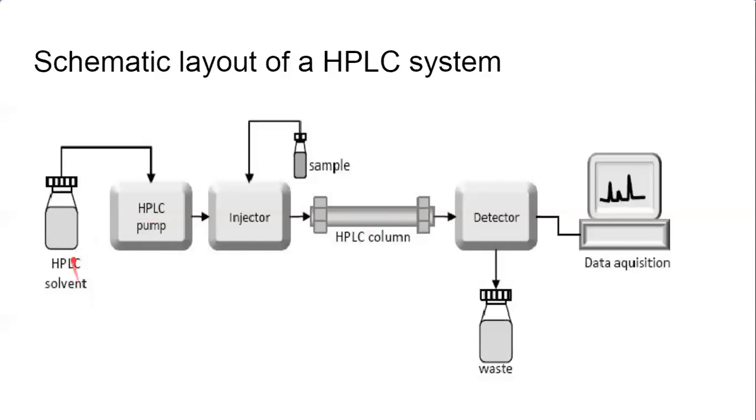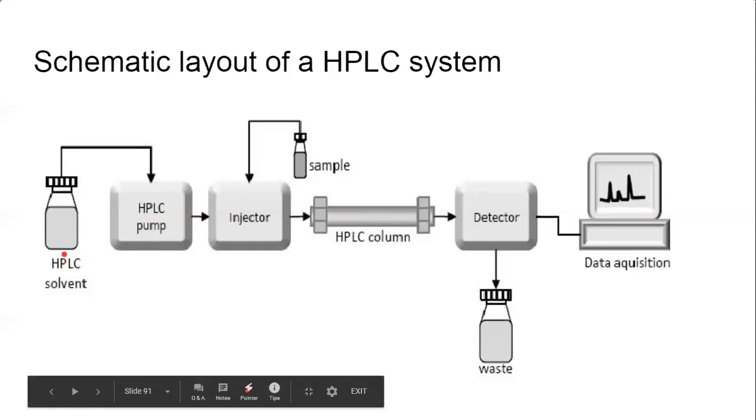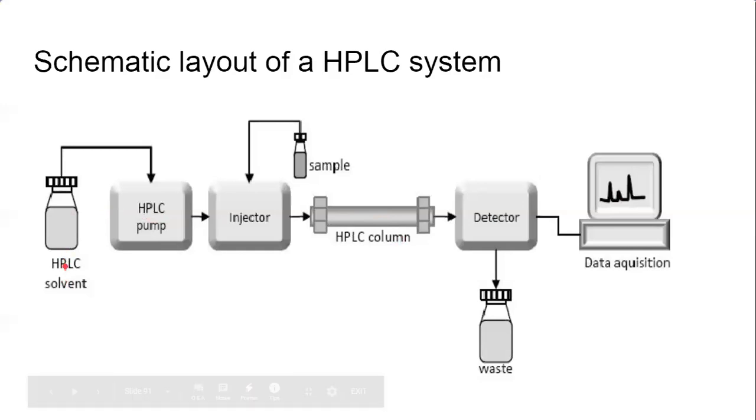By increasing the polarity of the solvent. First we send non-polar solvent, then slowly we send somewhat more polar solvent. Gradually we increase the polarity of the solvent, and thereby we can separate all the components from this. So this is the solvent reservoir.